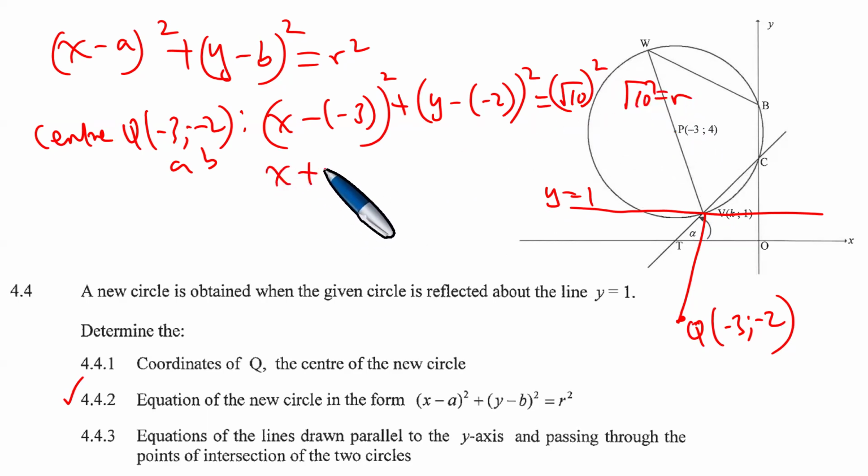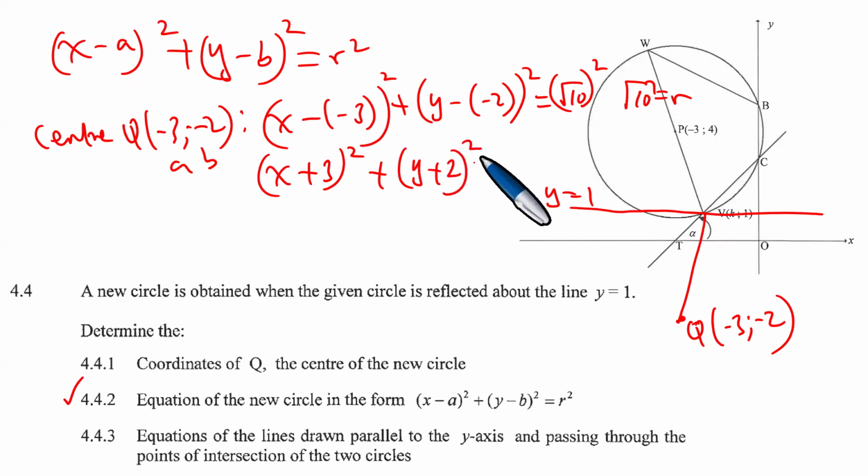So that this becomes x plus 3. It was given to be square root of 10, the radius of this circle. But if you put it in the equation, it becomes radius squared, so you just square the radius. The formula has x minus a, so if the center is minus 3, minus 2, you have minus minus, which becomes plus. And then you square here. Minus minus becomes a plus. And you square the square root of 10, which becomes 10.